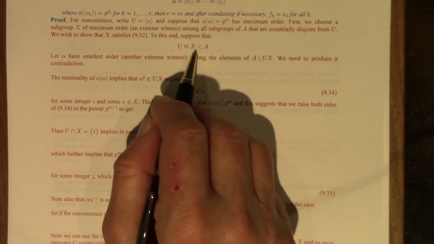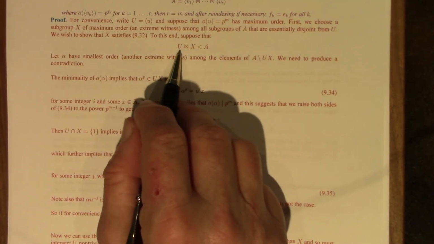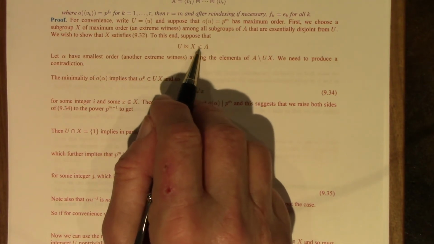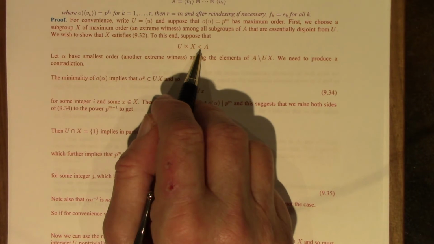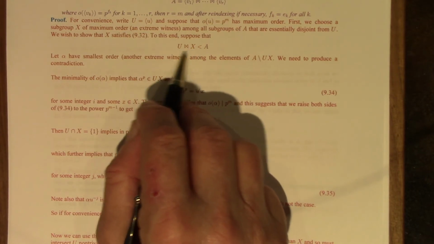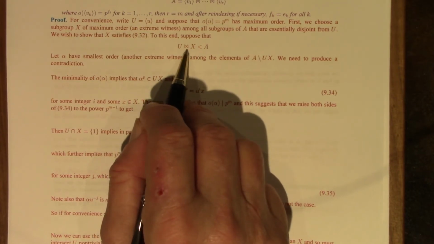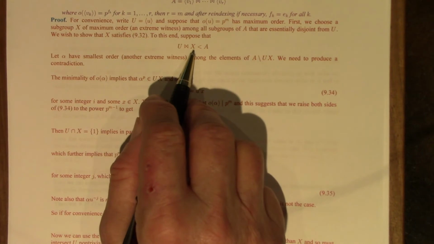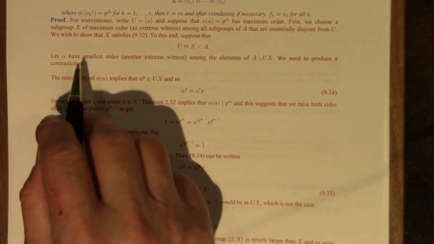So suppose it doesn't. Suppose that this direct product is strictly less than A, is a proper subgroup of A. This is the same as the set product, because we know these are essentially disjoint. So this is the set product.